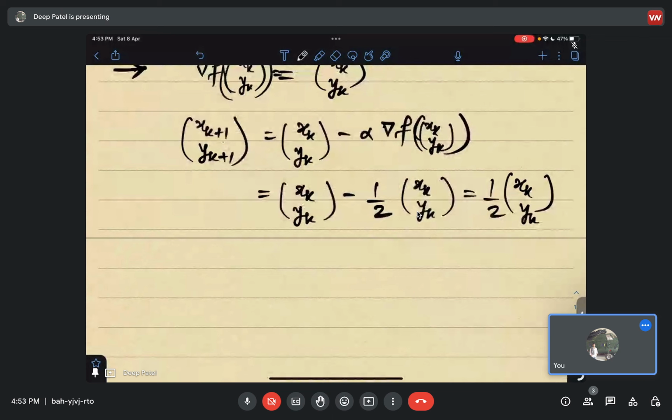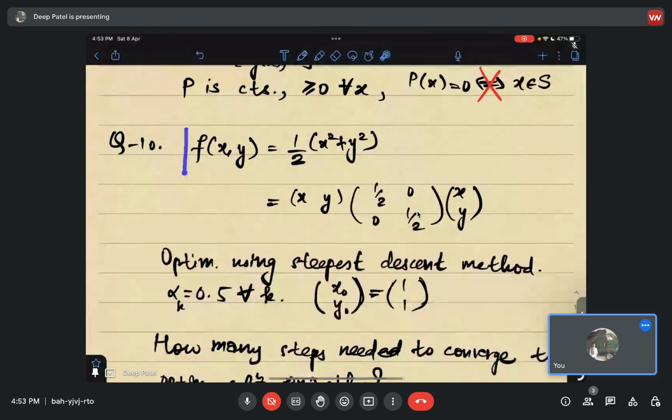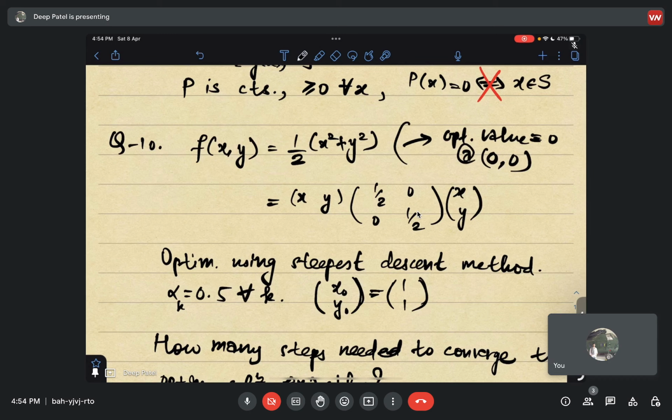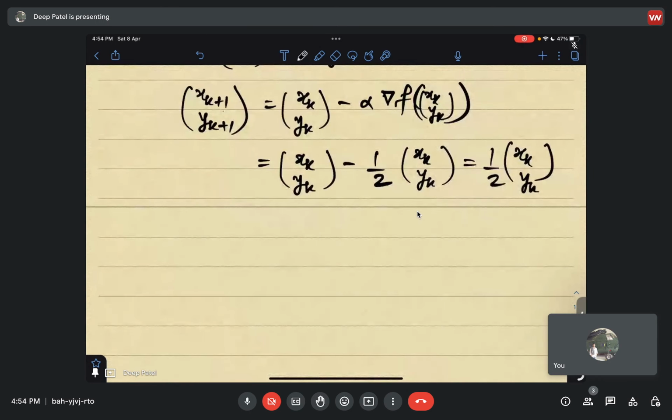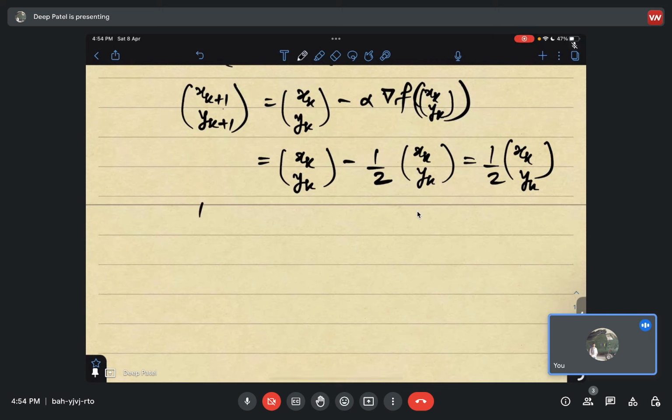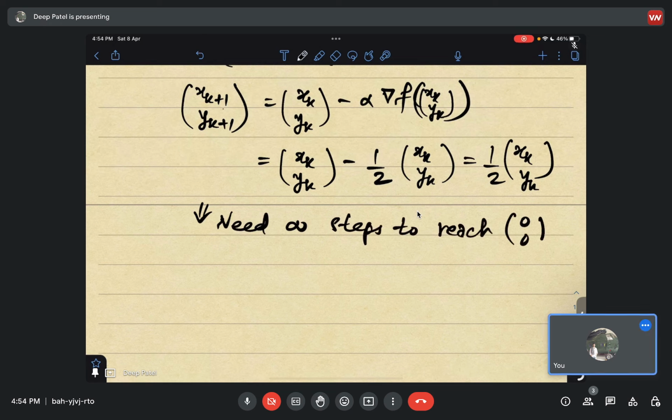So what is the optimal value here? It's 0, and when is it attained? As k tends to infinity. So the optimal value is 0 at (0, 0), so you need infinite steps to reach (0, 0) from (1, 1), right?